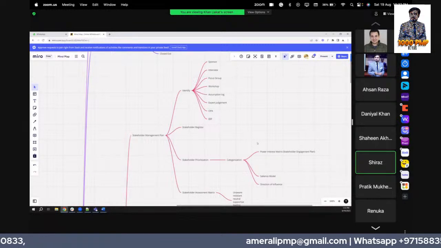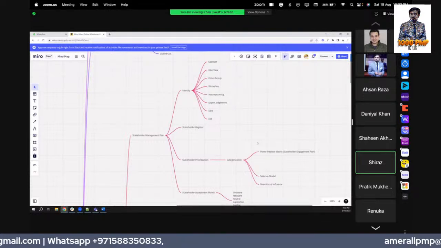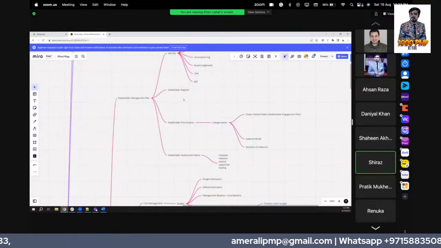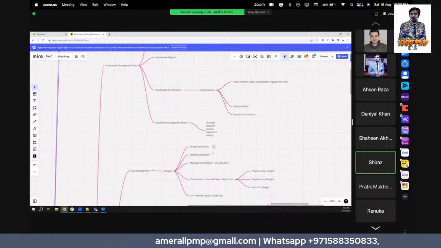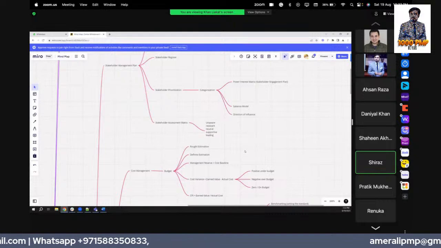We consult and refer to all these documents to identify our stakeholders. Once we identify the stakeholders, then we add them in the stakeholder register, and then we have to prioritize them. When we are prioritizing them, we are looking at their power interest matrix, and then salience model and the direction of influence.